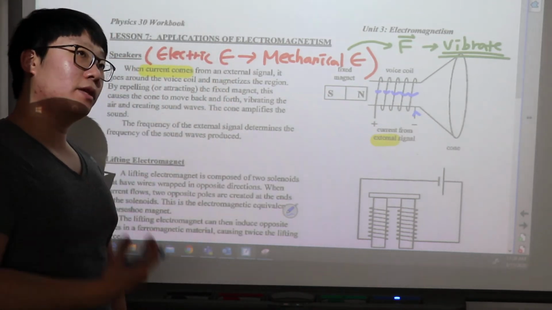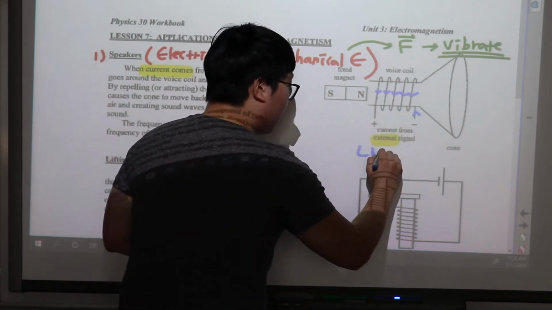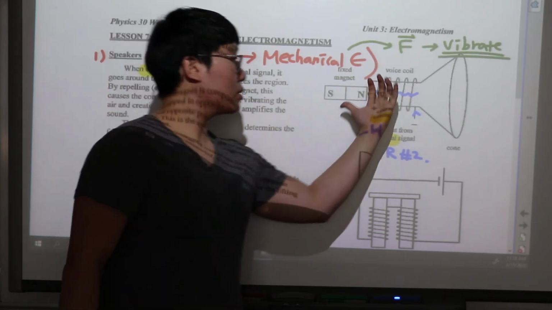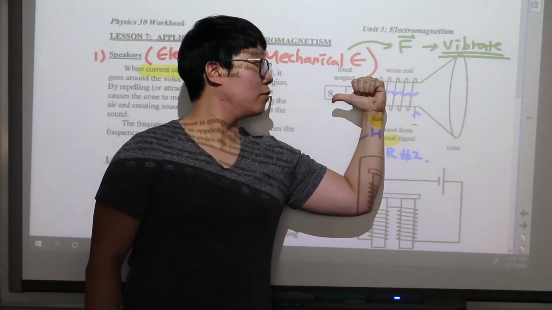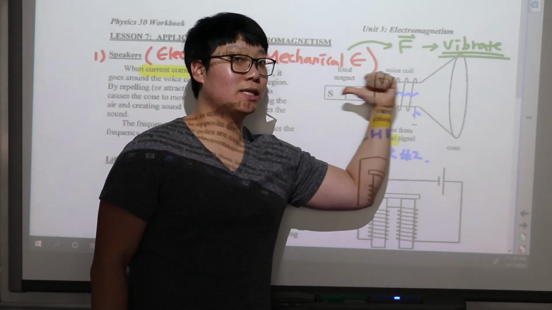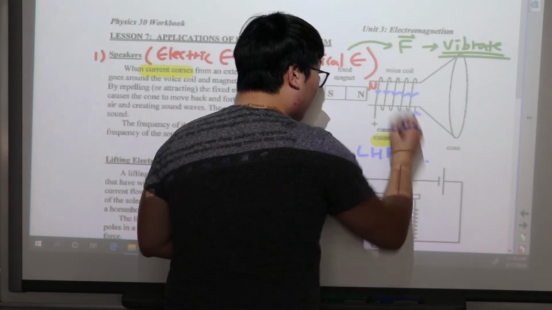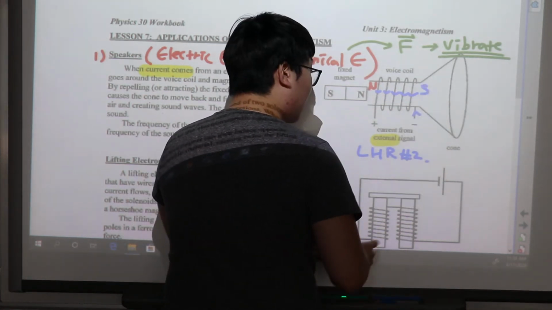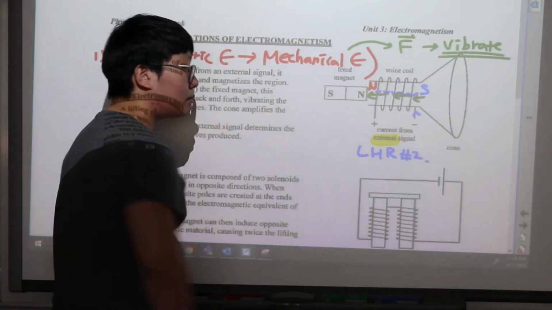So if you think about it, this is left hand rule number 2, which is 4 fingers in front of you, and my thumb, which is directing towards west, represents my north. The other side represents my south, because my magnetic field inside should go like this.